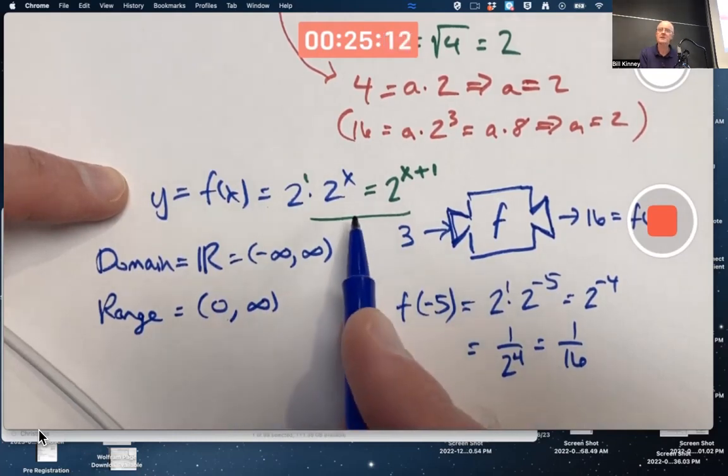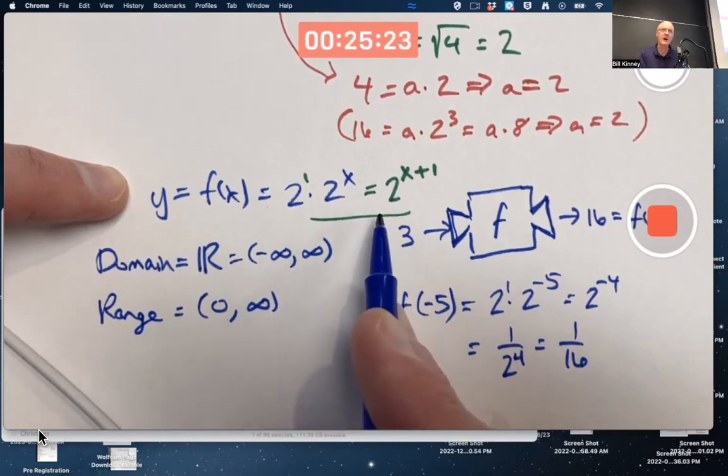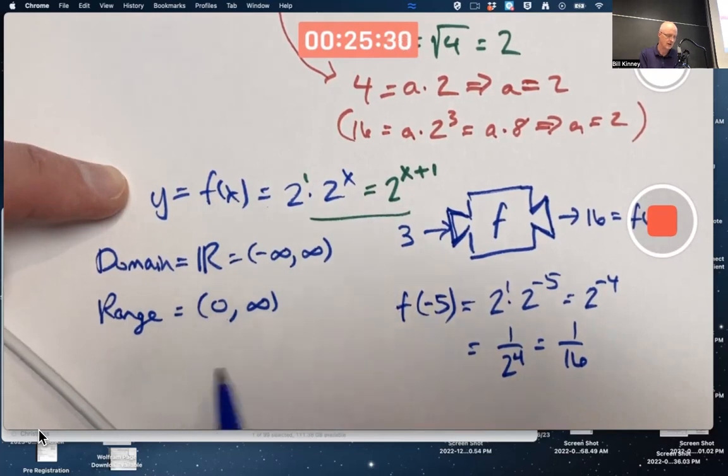You can get really close to 0 if you make x a large negative number. The outputs get closer and closer to 0, but they never reach it. They can get arbitrarily large. This function grows as x gets bigger very rapidly. It's exponential growth. So I could use this notation.